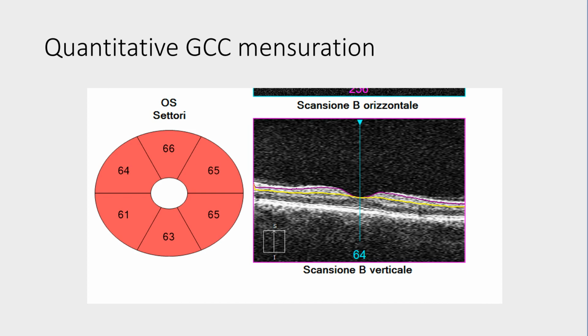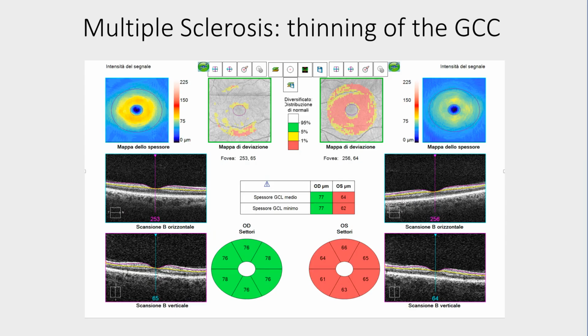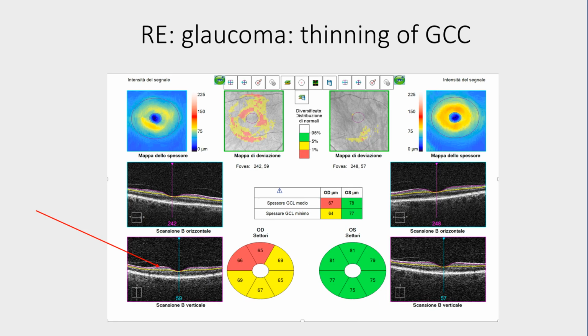Here, the quantification of the thickness of this layer in the macular zone, and here the thinning in a case of MS. The same thinning, but in a case of glaucoma.